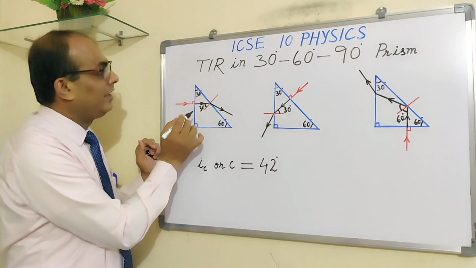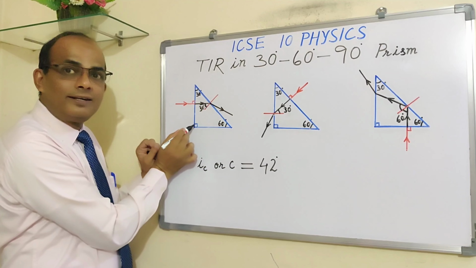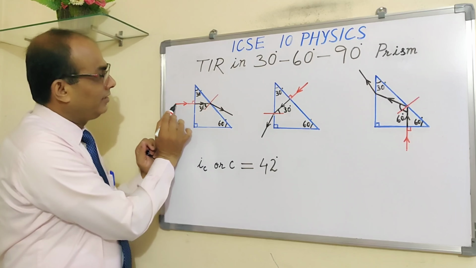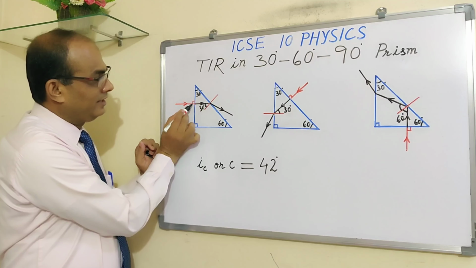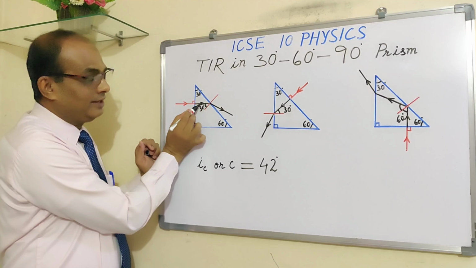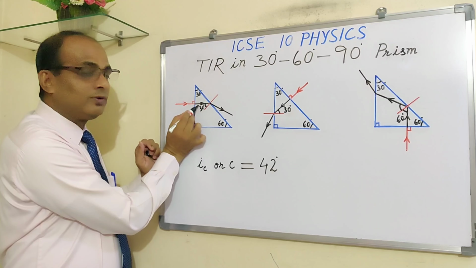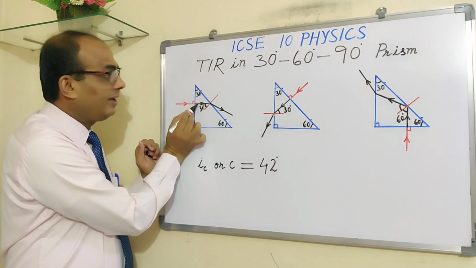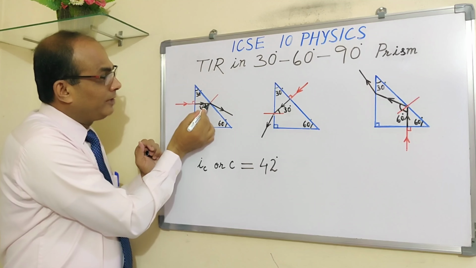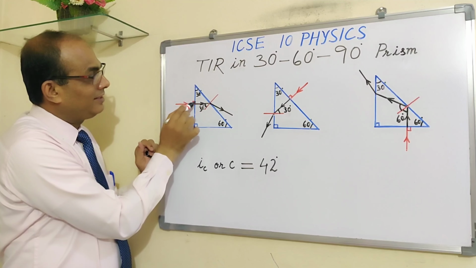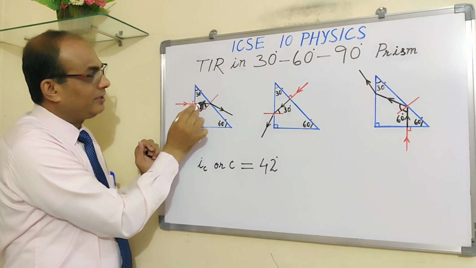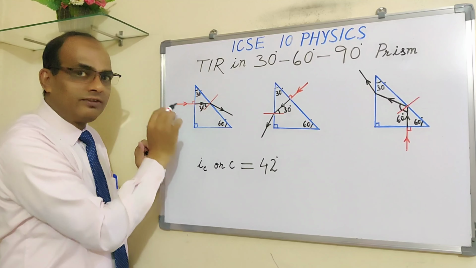So in this case, see, this is a 30, 60, 90 degree prism. The ray of light is going straight till here, which we draw, and this arrow also shows that this is a ray of light. At this point, this is 30 degrees, this is 90 degrees, so this will be 60 degrees. 30, 60, 90, total is 180.